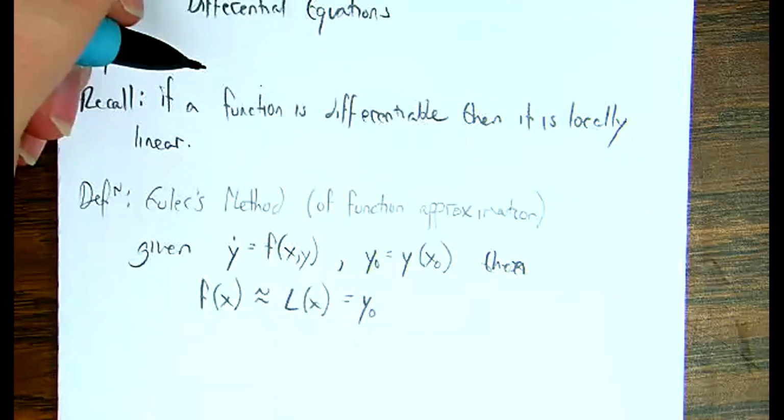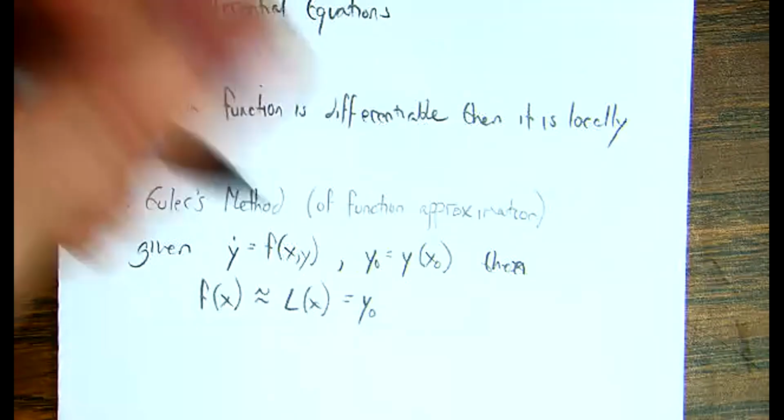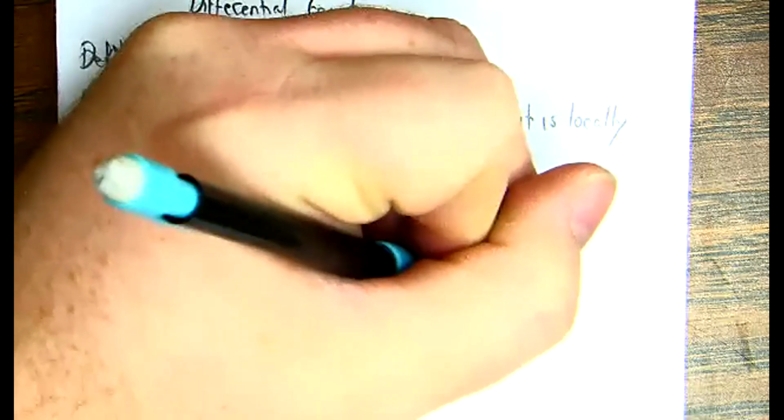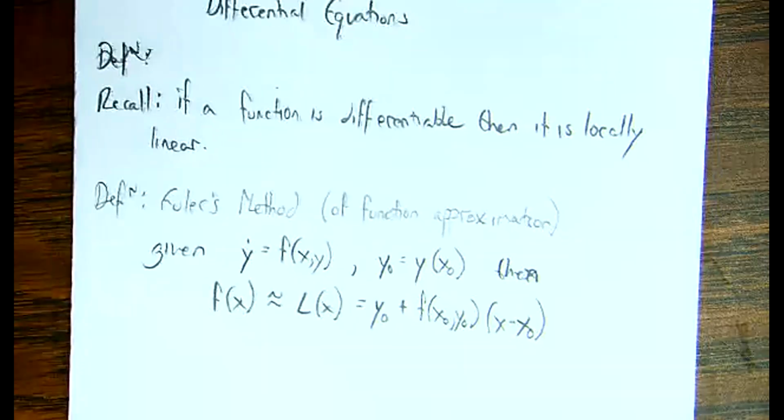That is, we have f of x is approximately the linearization at x naught, which is y naught plus f of x naught, y naught times x minus x naught.